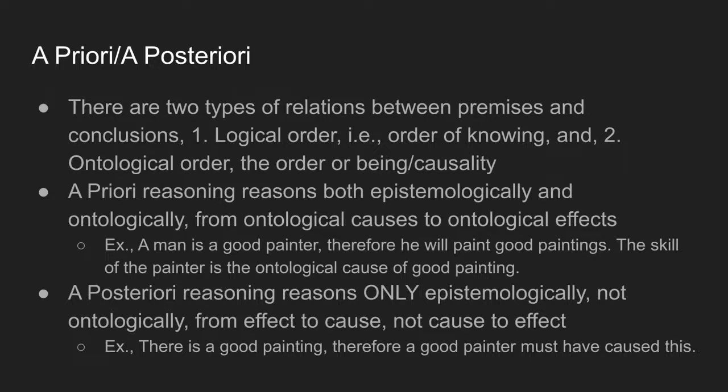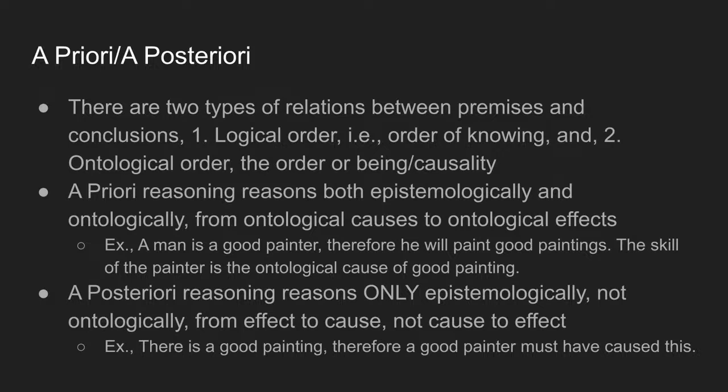And when it comes to the two categories that we're going to be speaking about, the first one's going to be a priori / a posteriori. In order to understand what these are, there are two types of relations between premises and conclusions. The first is going to be the logical order, or better yet, I think it should be called the epistemological order, but in the tradition, it's called the logical order. That's going to be the order of knowing.